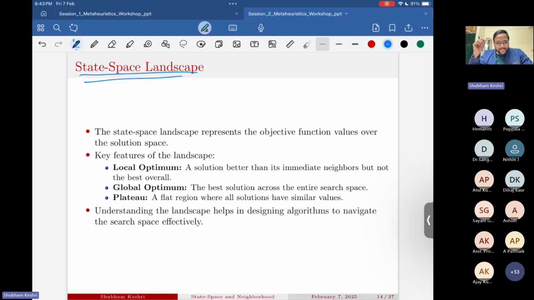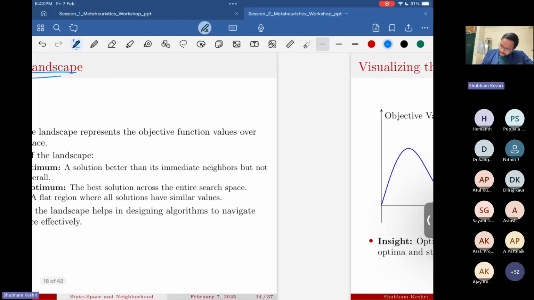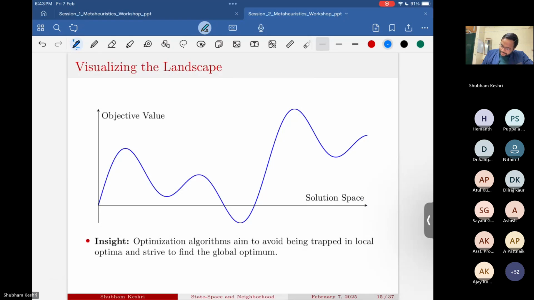So this is a very important concept, state space landscape, and it may be confusing, so please bear with me. I'll try to make it simple. If you have a one-dimensional objective function, where we have only one variable and one objective, that is x, and this is y.